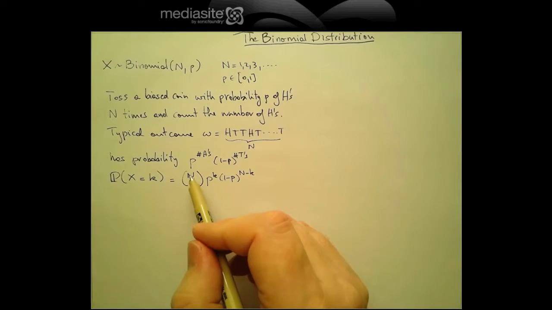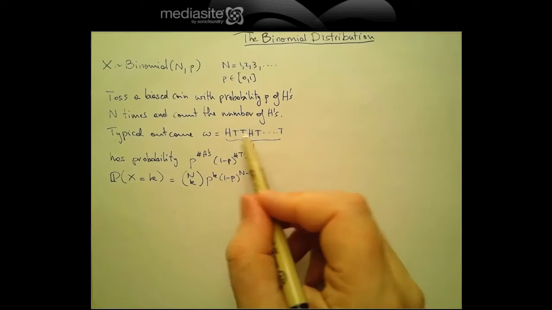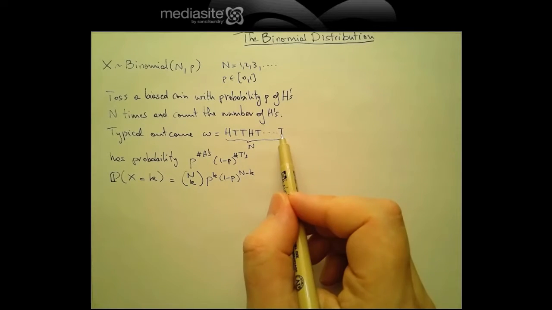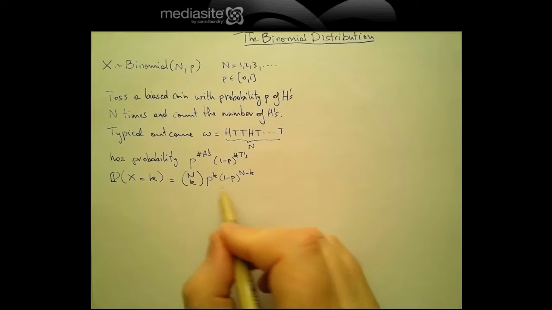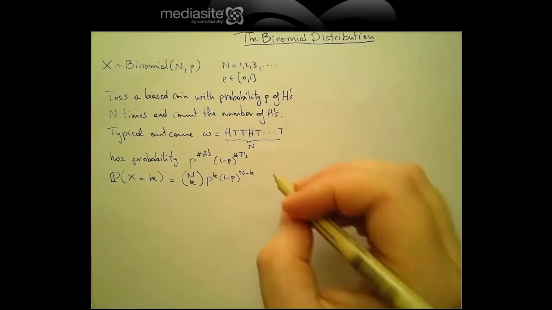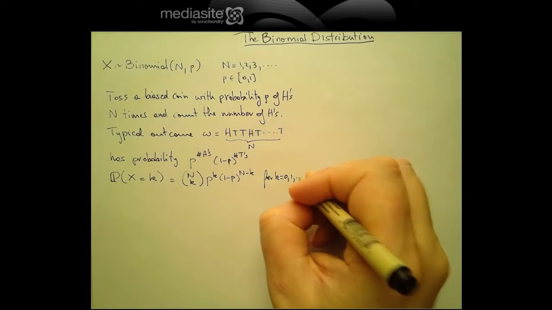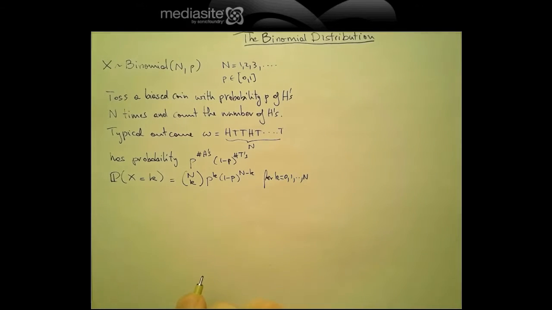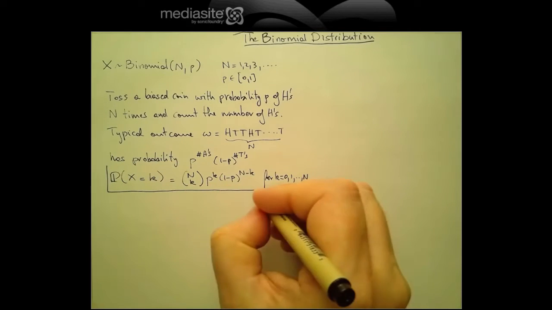N choose k is the number of ways of writing a string of length n with k heads. Each such string has this probability, and so we multiply them together. So this is for k up to n.